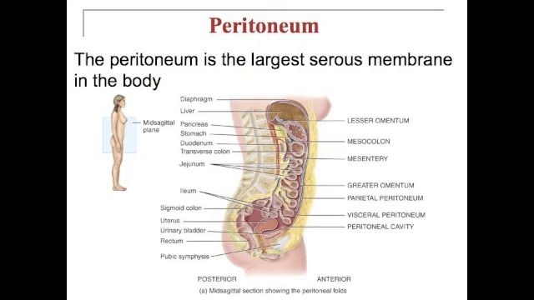The peritoneum is divided into the parietal peritoneum, which lines the wall of the abdominal cavity, and the visceral peritoneum, which covers some of the organs in the abdominal cavity and is their serosa. So this figure shows the relationship of the peritoneal folds to one another and to the organs of the digestive canal. And in this cartoon, the size of the peritoneal cavity is exaggerated for emphasis.